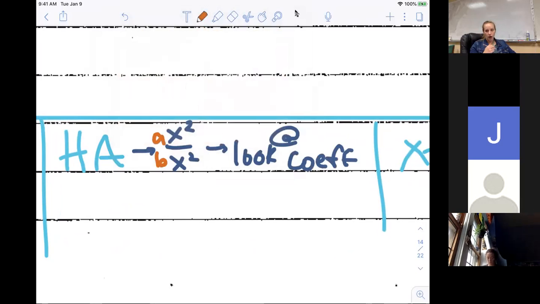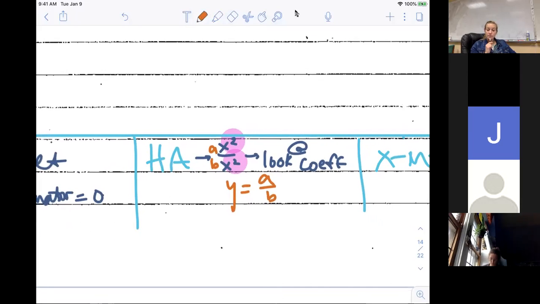It could be 1 and 1, it could be 2 and 3, it could be -5 and 10. If my exponents are the same, 2 and 2, then I look at my coefficients and my horizontal asymptote would be y equals A over B. That's the most common one, so that's why I did that one first. And we've done that before.